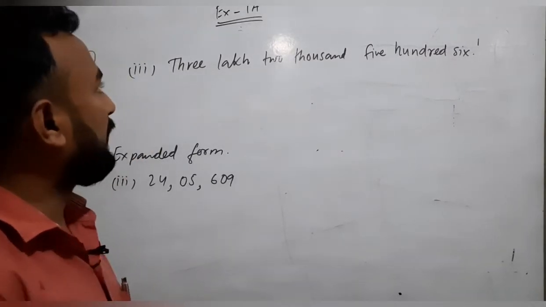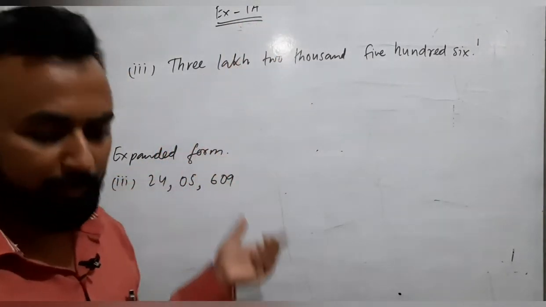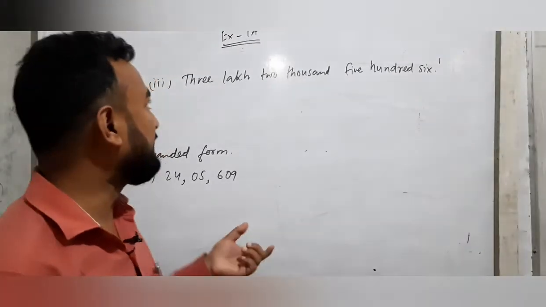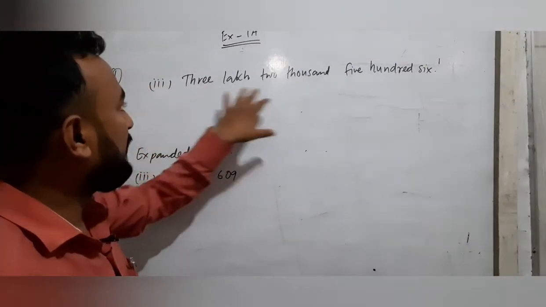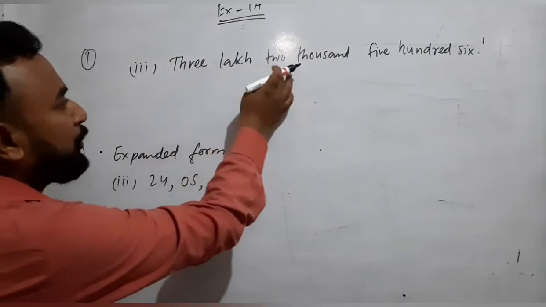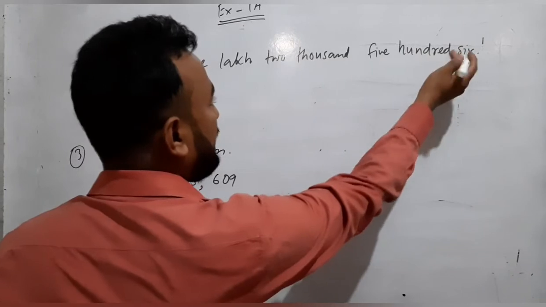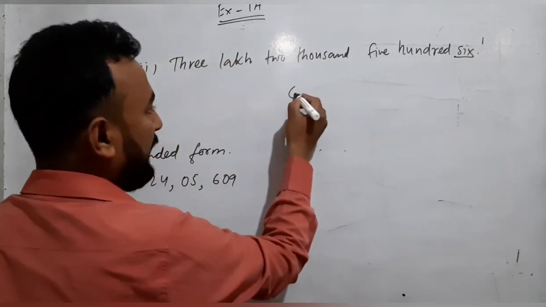Now class, see here, I am solving exercise 1A from your R.S. Agarwal mathematics book, class 6. In question one, write the given words as a number. You are given 3,02,506. So here it is 6. Write it from the right side.